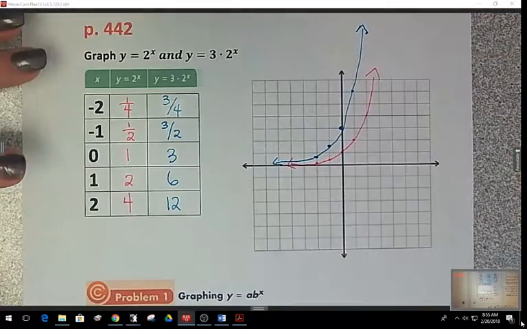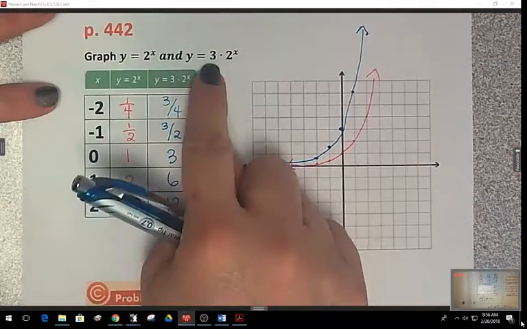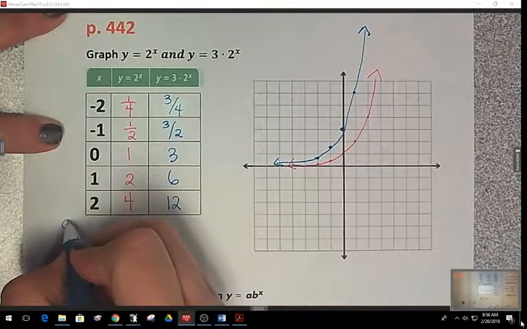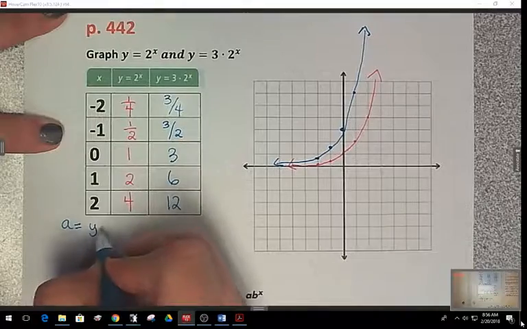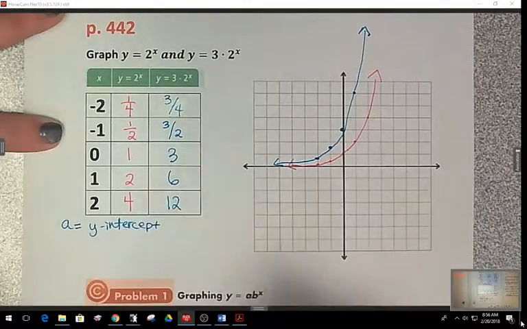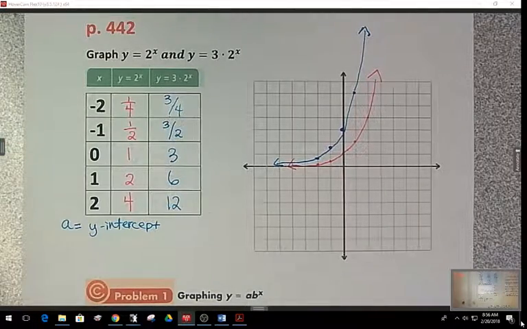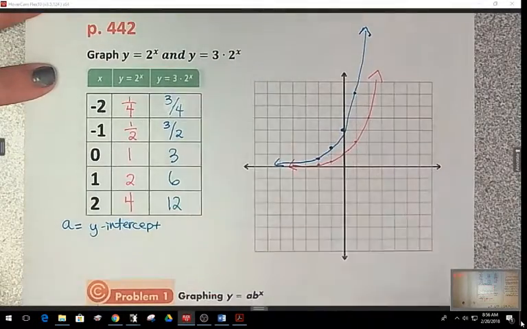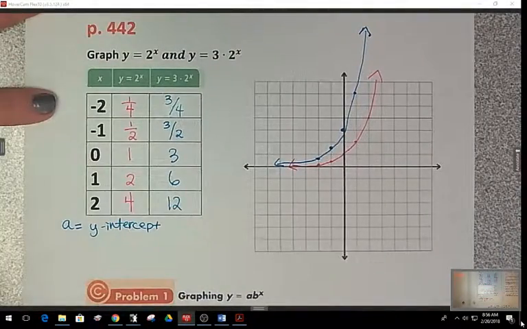Okay. And the other day we talked about that when your a value changed, your a was your y-intercept, and we said that it looked like your graph was a little bit steeper maybe. We know that when your b value changes, it gets steeper when it's bigger than 1.